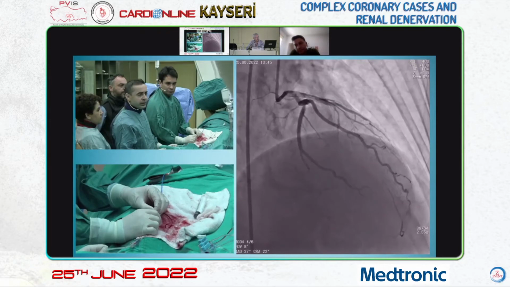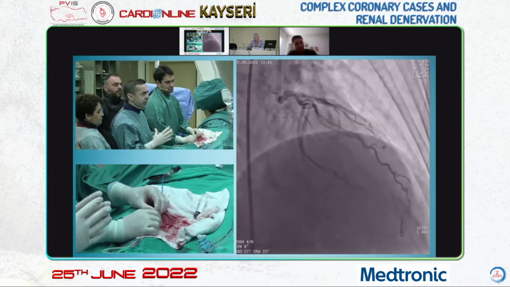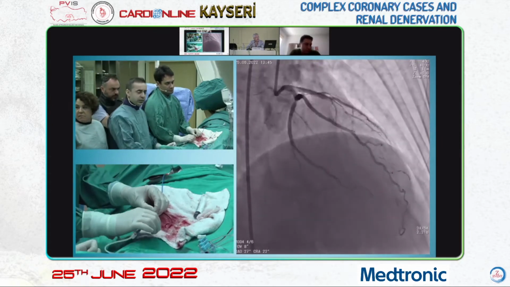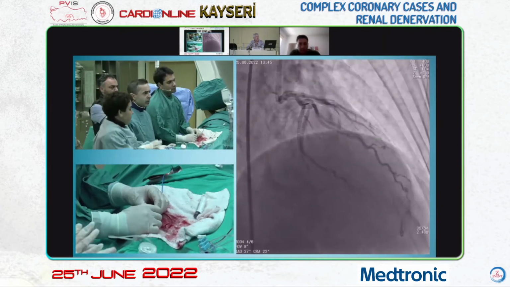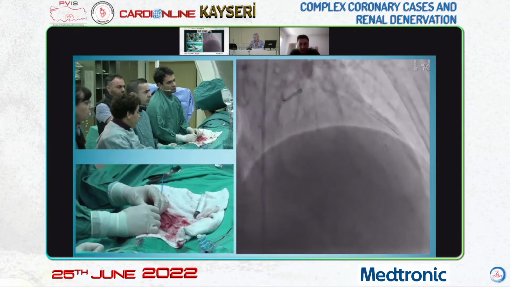IVUS is difficult to pass, especially Vulcan IVUS, which is a thick one. Therefore, we will do the balloon and then we will see the IVUS. We will dilate now. We start from the bottom.